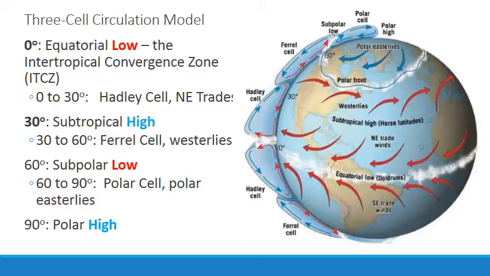The other factor is that the Coriolis force becomes stronger with increasing distance away from the equator, and that causes the poleward moving upper air to be deflected into a near west to east flow by the time it reaches 30 degrees latitude.